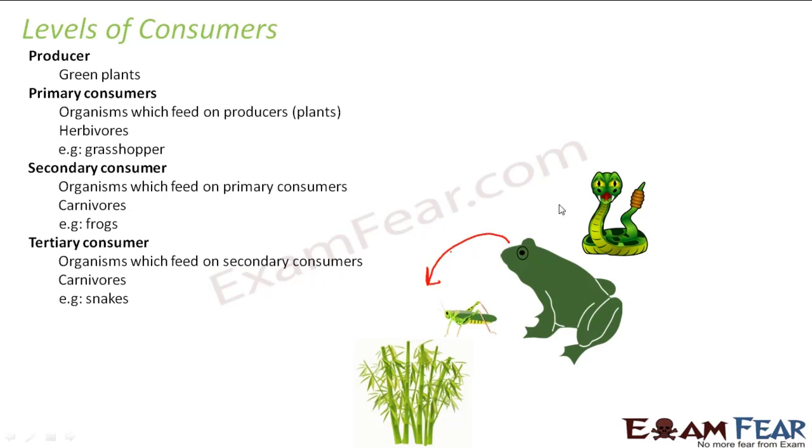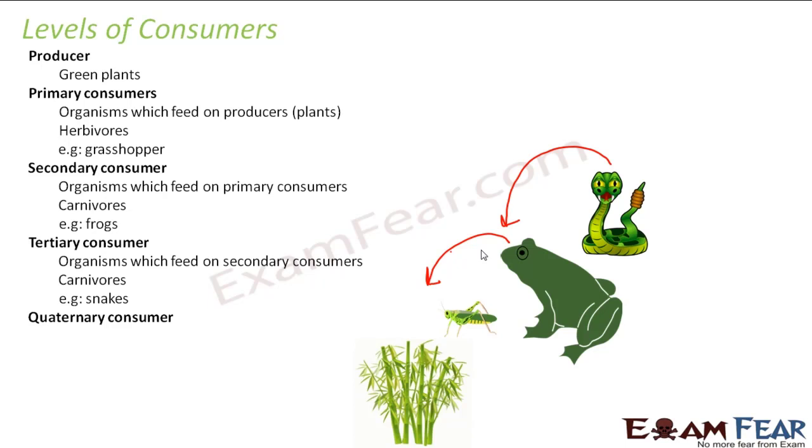Just that the level of consumer is higher. Both are carnivores, but a frog is a secondary consumer, whereas a snake is a tertiary consumer. Then we can even have a quaternary consumer.